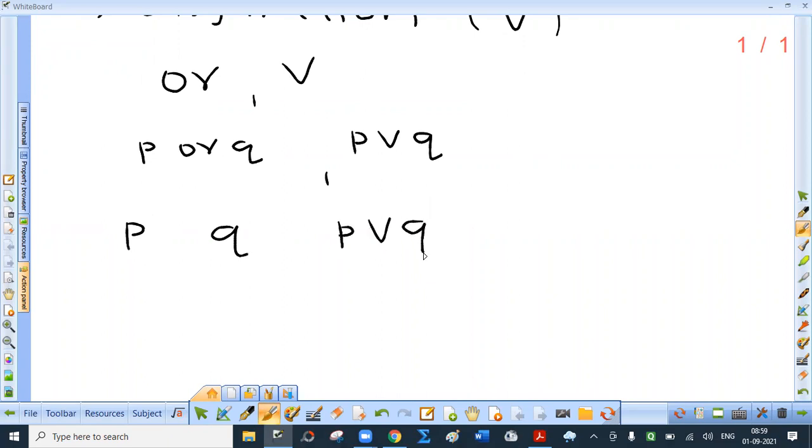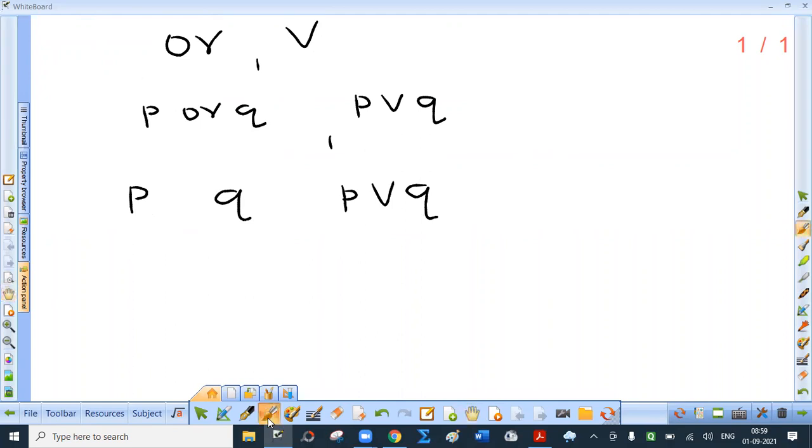Yes. P or Q is false in only one case, when both are false. Otherwise, disjunction is true. So true, true, false, false. True, false, true, false. So this is true, true, true, false.